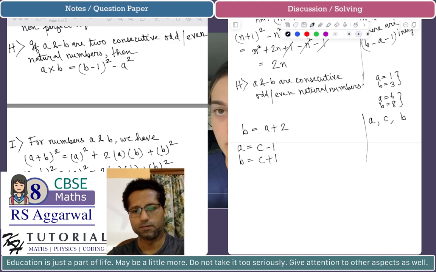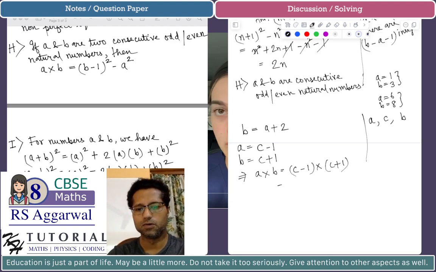So this implies a multiplied by b will equal c minus 1 multiplied by c plus 1. Now this is equal to c square minus 1. Why?